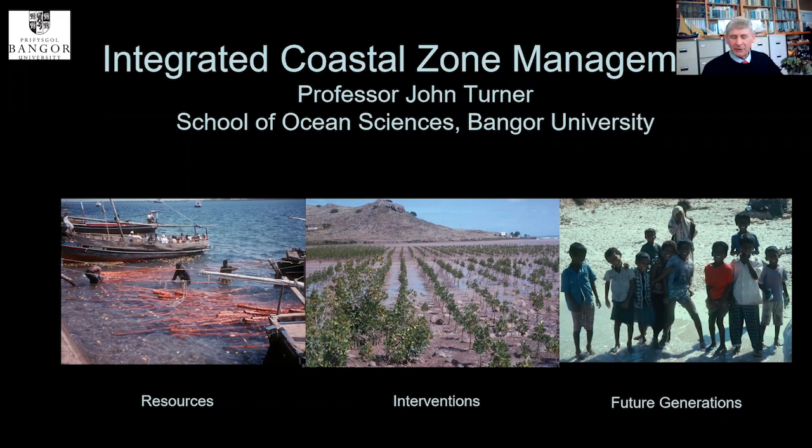And the last picture on the right there is a picture of some young people on the beach of Socotra Island off the Horn of Africa. I'm going to bring some of these areas into the examples I use during the talk. But overall, the idea is to introduce coastal zone management to you.